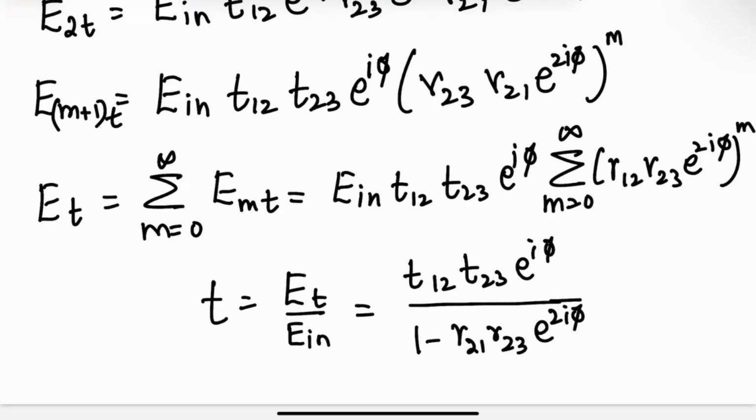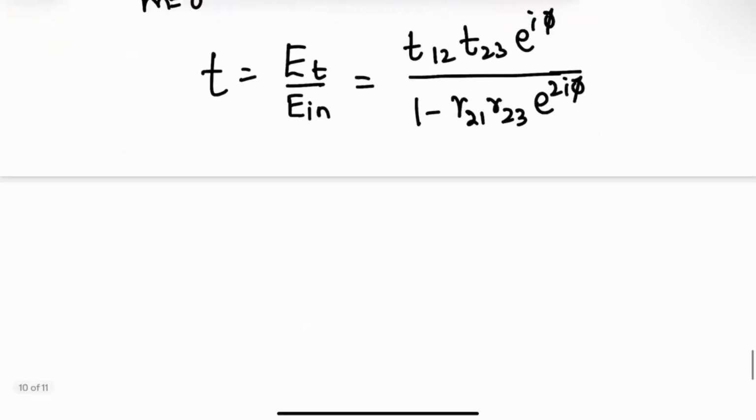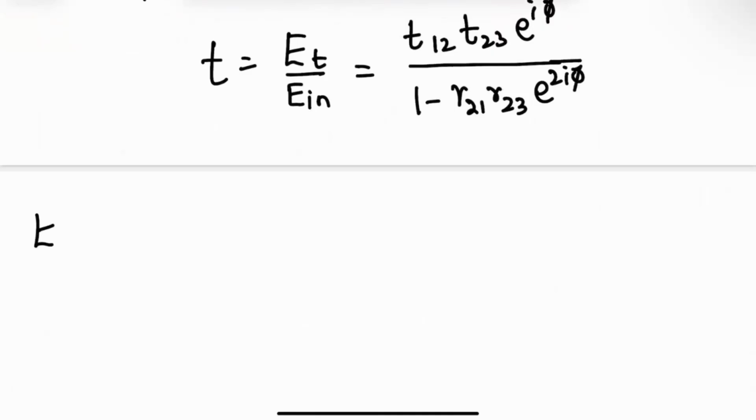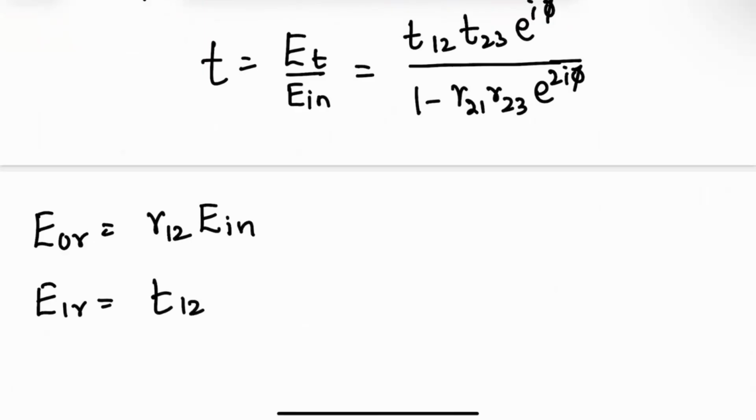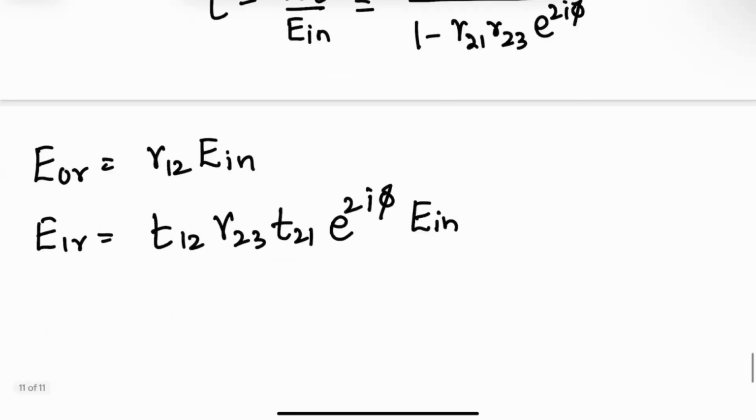Okay, we can do the same thing for the reflected waves, a little bit more quickly. The first reflection is nothing but R12 E_in, pretty trivial. The reflection after one bounce is T12, R23, T21, with two-way propagation, times E_in. And you can write the same thing for the general case, which would just be T12, so one transmission at the beginning, and one transmission at the end.